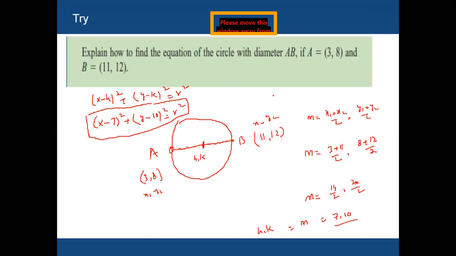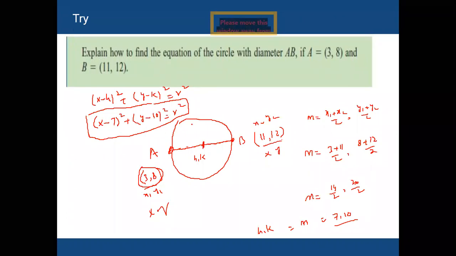Okay, guys, great, excellent. These points are actually the x and y values. If you put in either of these values for x and y, then you can find the value of the radius. Let's suppose we put 3 and 8 as x and y.